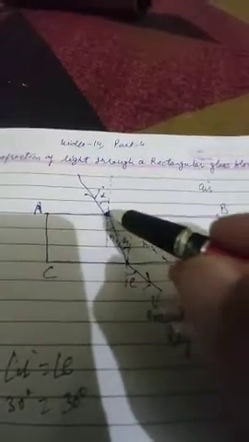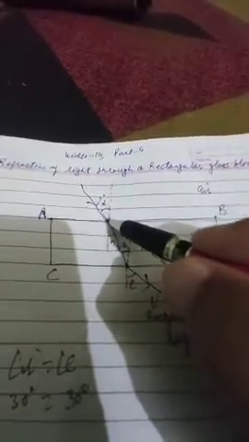It will move like this, straight. So this dotted line shows the original path of the incident ray.